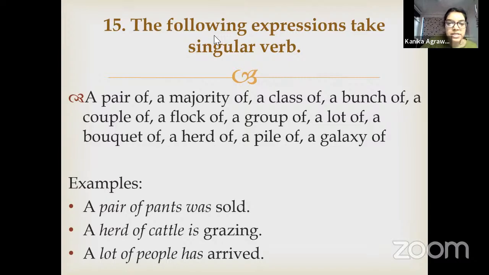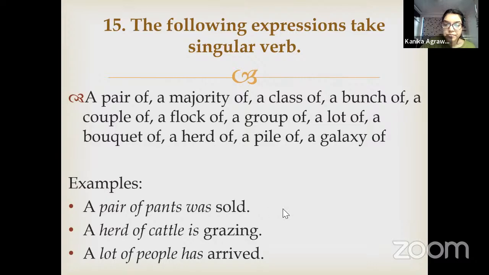Okay, so someone is asking, please clear me singular verb and plural verb. So singular verb is was, is, has. Okay, and plural verb is were and are. Am I clear, Akash? Is, was, has.